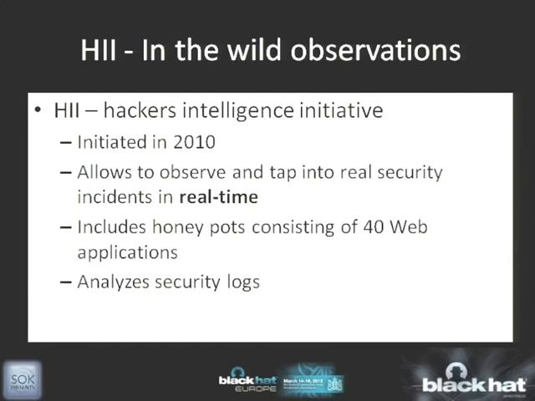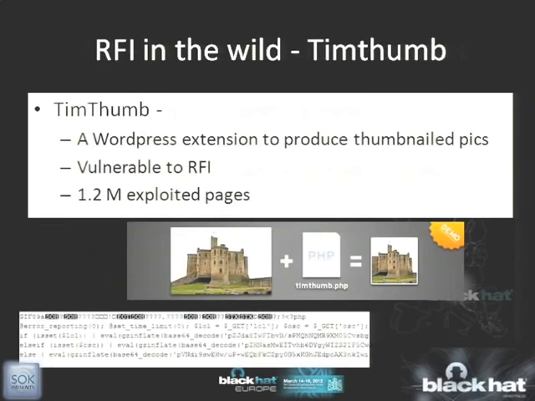So using that setup, we were able to see the TimThumb exploitation taking place. TimThumb is a WordPress extension to produce thumbnail pictures, and it was reported as vulnerable to remote file inclusion, and reports in the news cited that more than 1 million pages were exploited during that campaign.